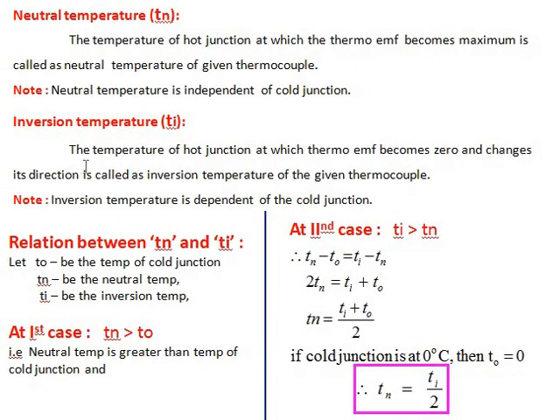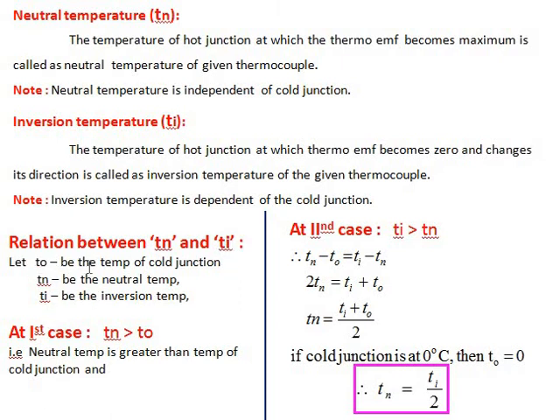So the temperature of the hot junction at which thermo EMF becomes zero and changes its direction is called the inversion temperature of the given thermocouple. The inversion temperature is dependent on the cold junction. Next, the relation between neutral temperature and temperature of inversion.